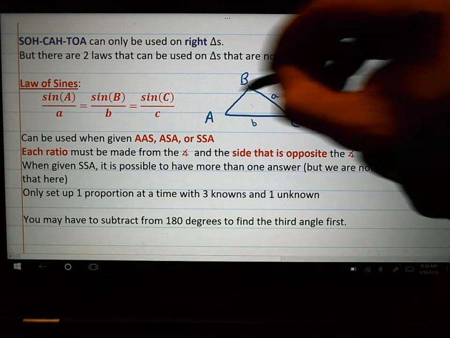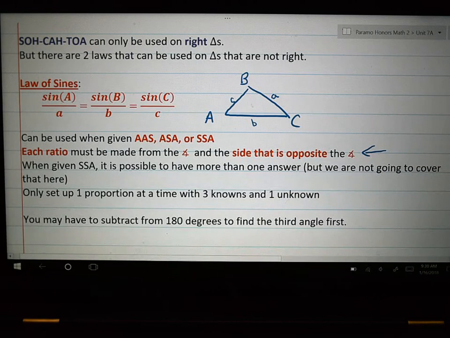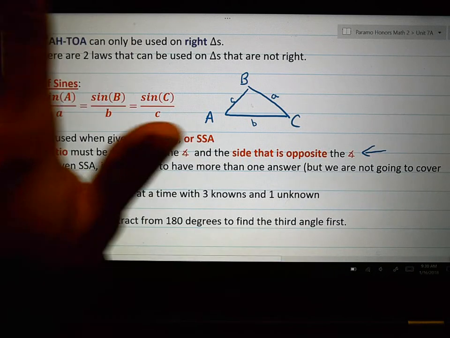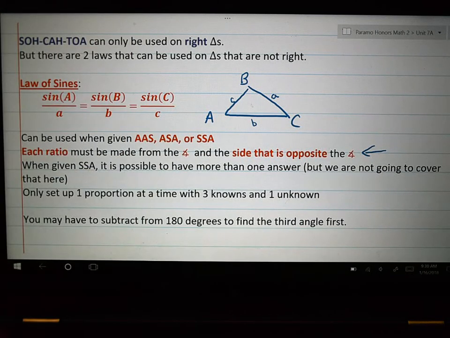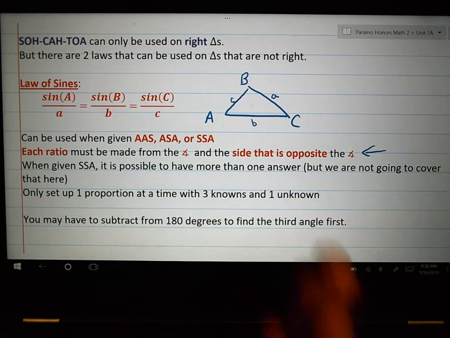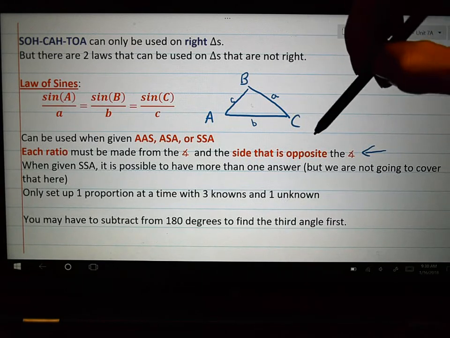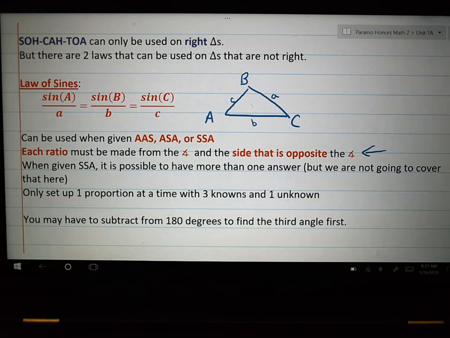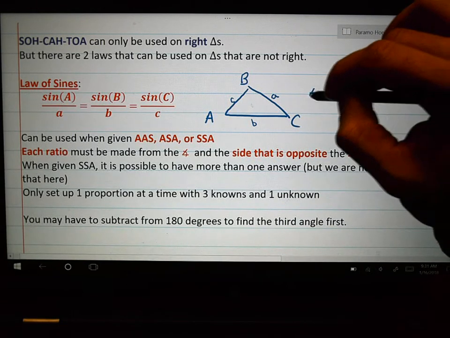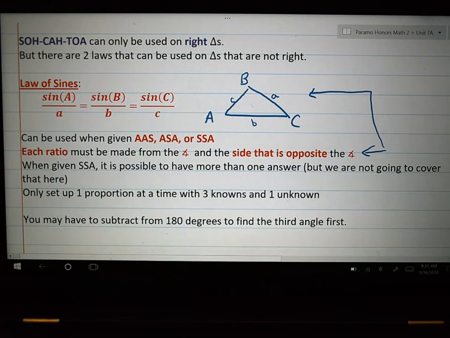What's across from big C is little c. That's how you set up these problems. That's how you know what goes with what, based off of the angle and the side that is across from that angle. This and this go hand in hand with each other, just so you know.